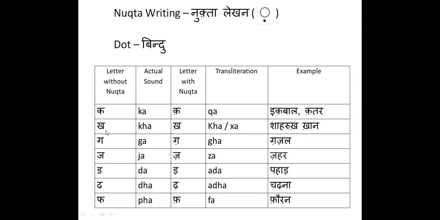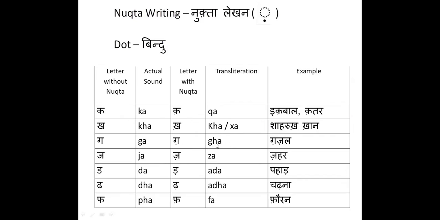Now, the next letter, Kha. With Nukta, it now sounds as Kha or Za. Next one, Ga. The actual sound is Ga. With Nukta, the letter now sounds as Gha.